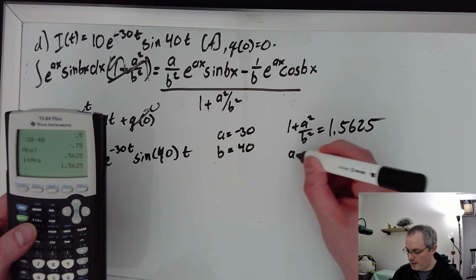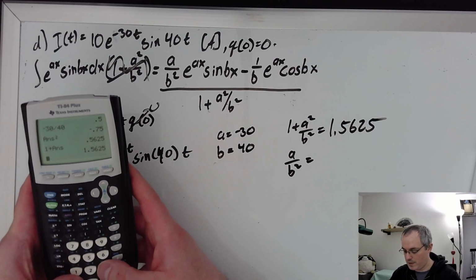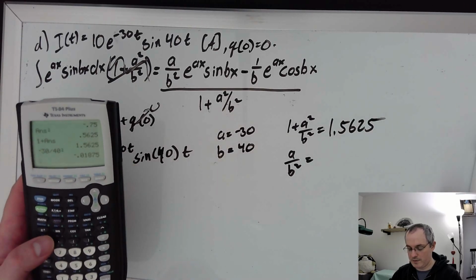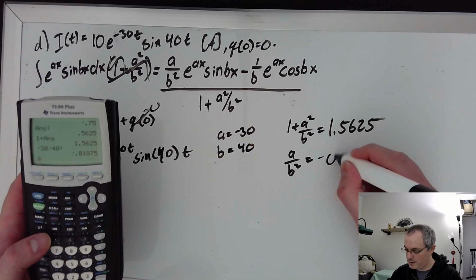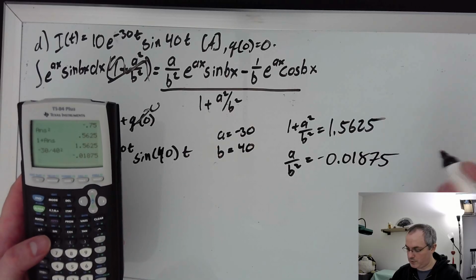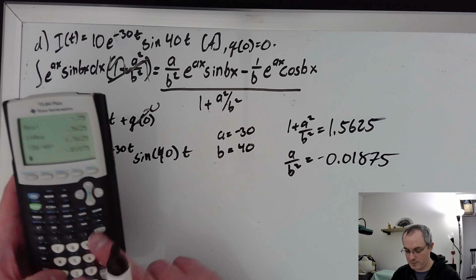And a over b squared will be minus 30 over 40 squared, 0.01875. I'm assuming these turn into really great fractions, but I don't really feel like doing that.